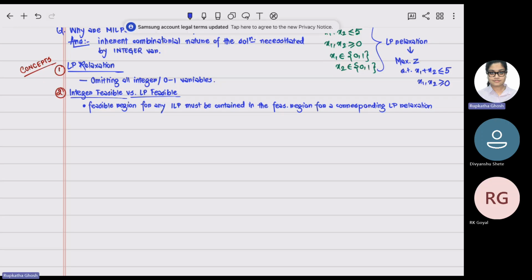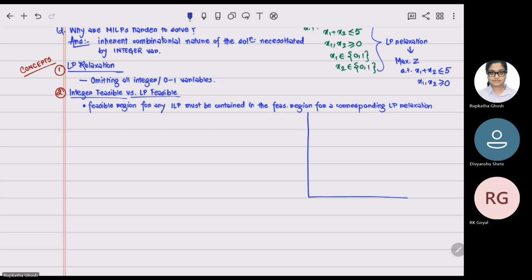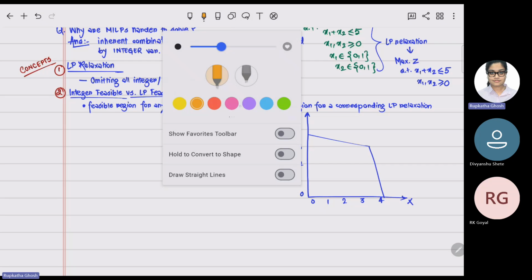Because let's say you have some values here, and let's say this is some solution space.